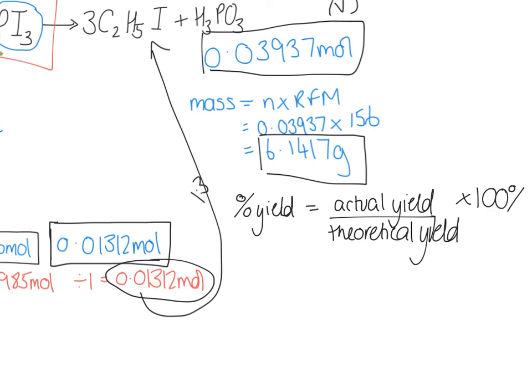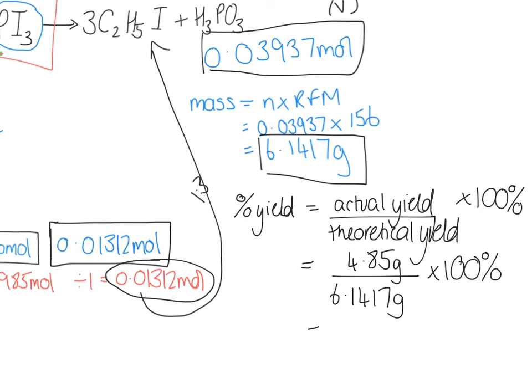So we're really working out the proportion of the actual yield over what we could have produced. So that's going to be our 4.85 grams, which was our actual yield, over 6.1417 grams, times 100%, which equals 79.0%. And that is your final answer for part 7.